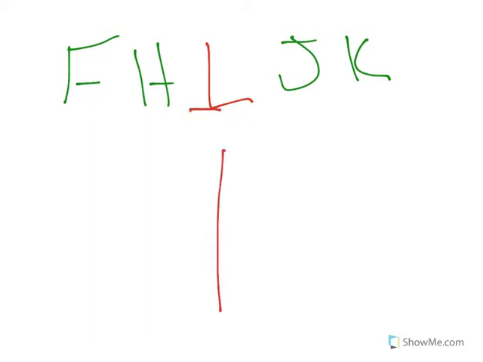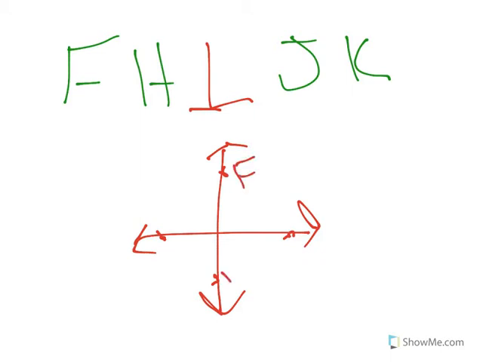And so I'm going to make four right angles, and then I got to put my arrows on there. Arrows, point, point, point, point, and I have the F to H, J to K. So that is this lesson.